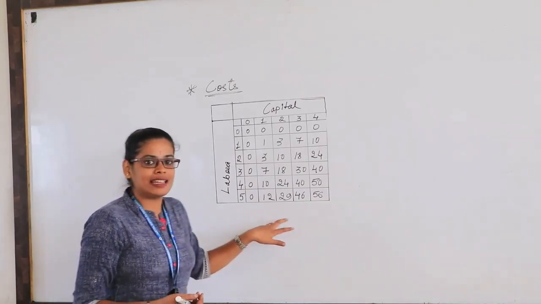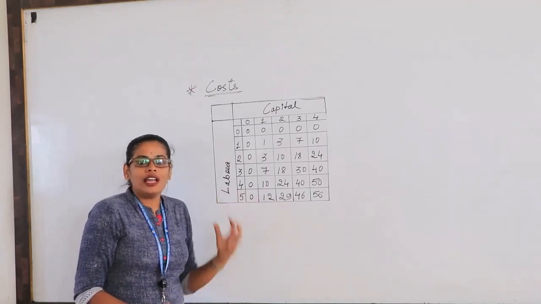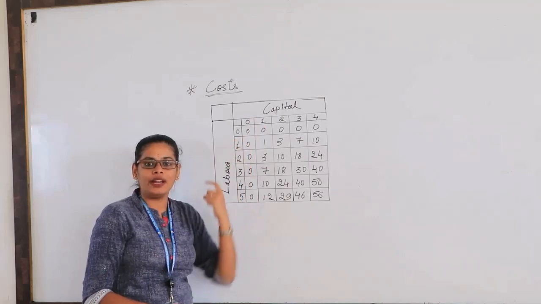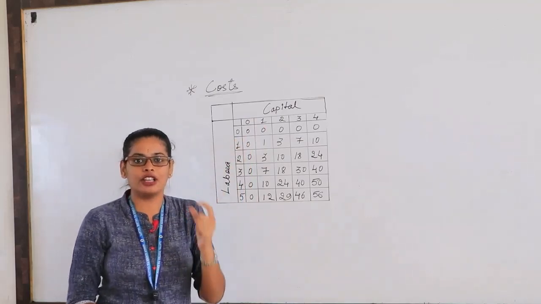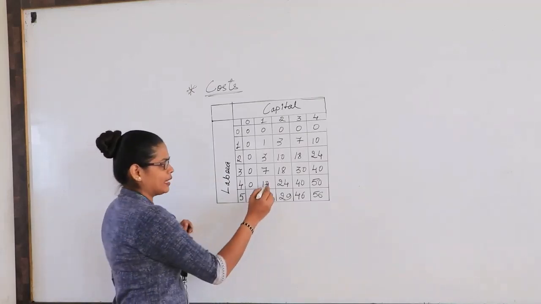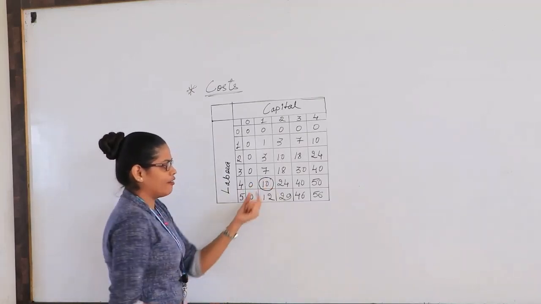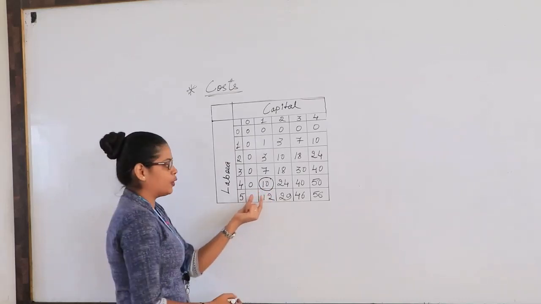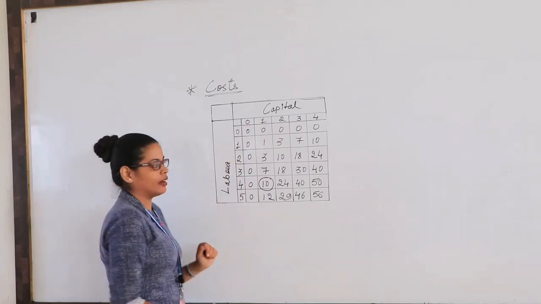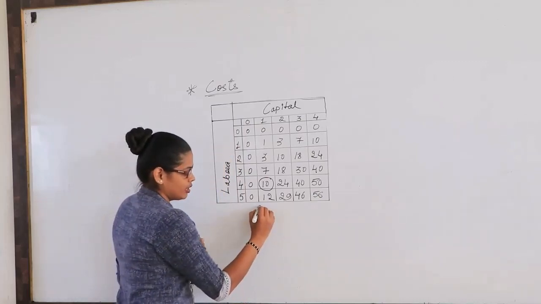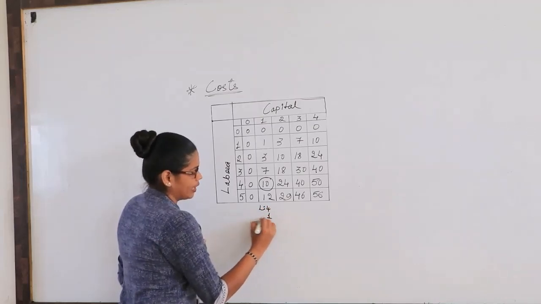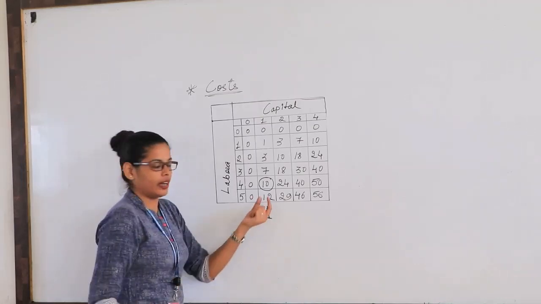So we say it is a change in the output. We are getting that change in the output because we have made a certain combination in the inputs, which we call a change in the inputs. For example, you can see here we have got 10 units as output with the combination of 4 labor with 1 capital.